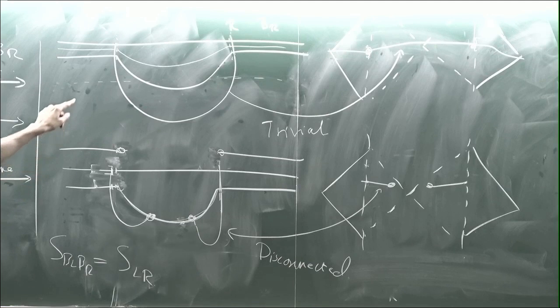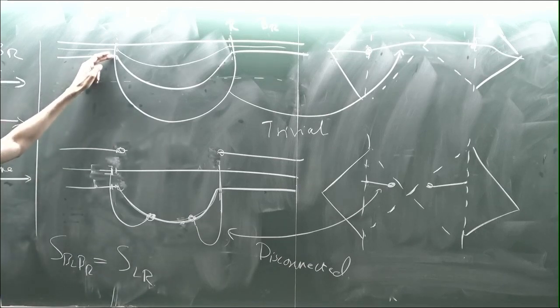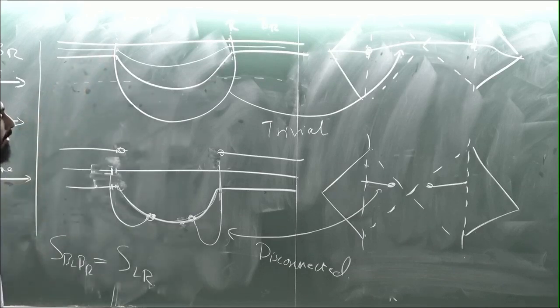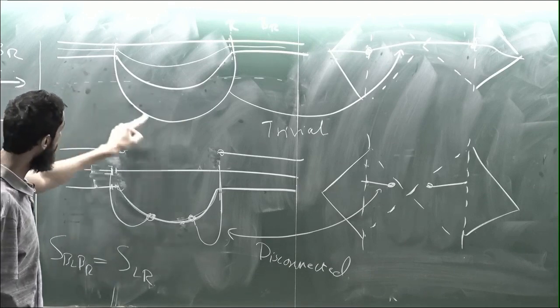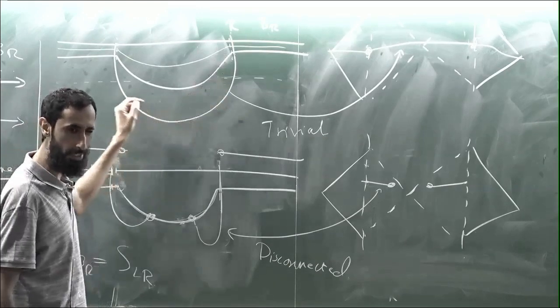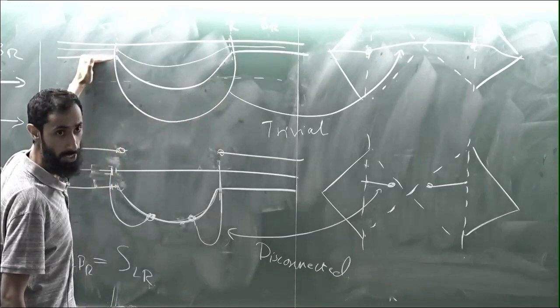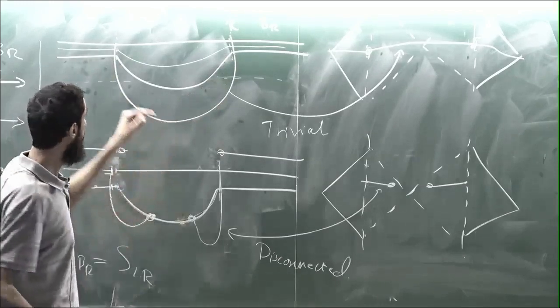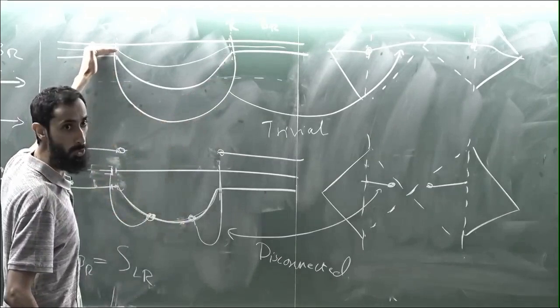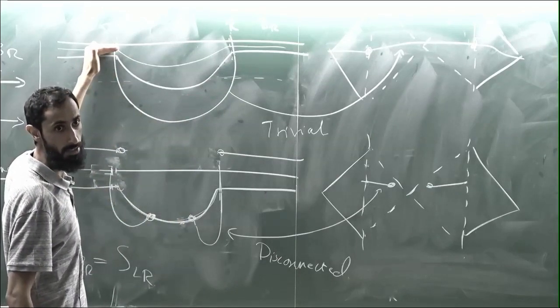Okay, so we understand how we get this growing entropy. It's because we are revealing more and more of the RT surface. The area of this surface is infinite without a cutoff. The evolution of the cutoff as a function of time, as they evolve both sides up, is that the cutoff surface moves closer and closer to the asymptotic boundary.